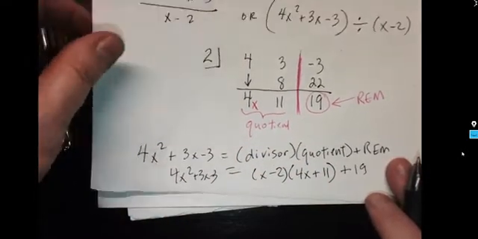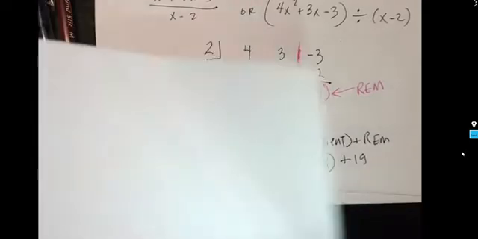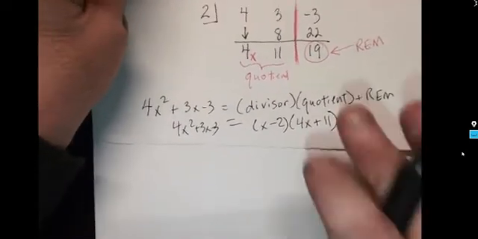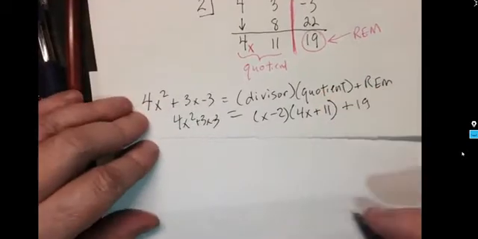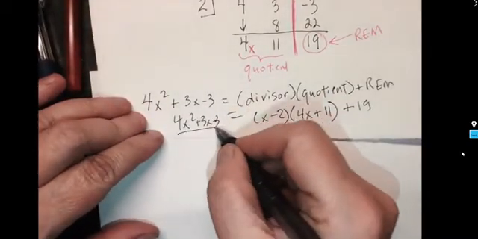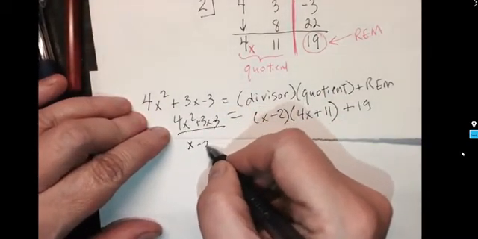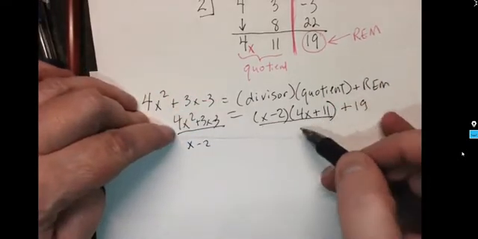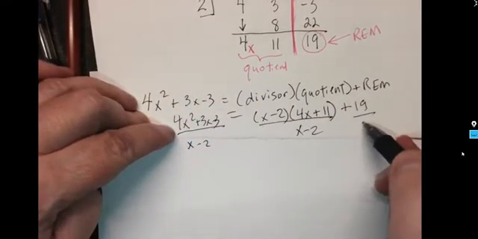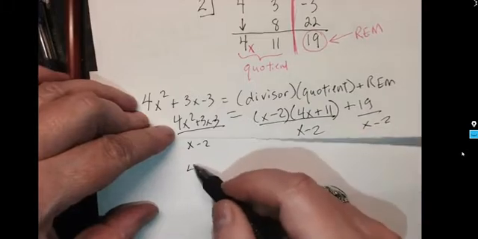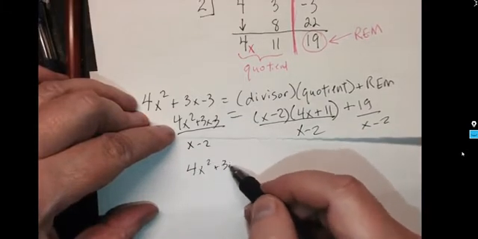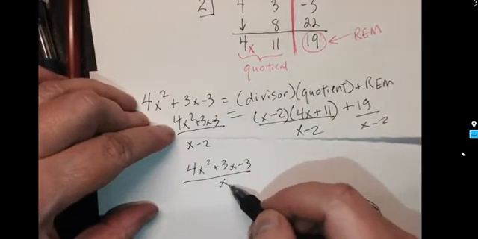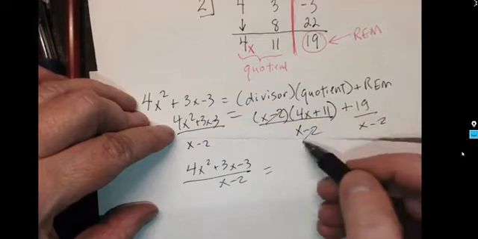Okay, another way I can write this is to have this as the fraction. What's that equal to? Well, I divide every term by that. And these cancel.